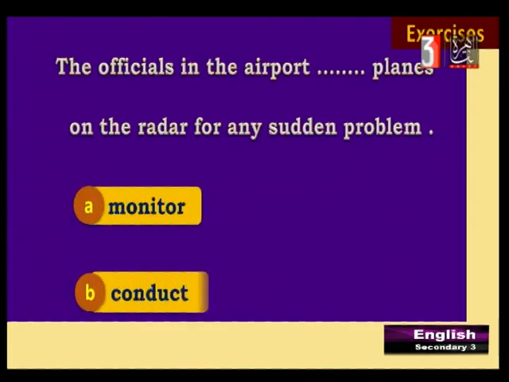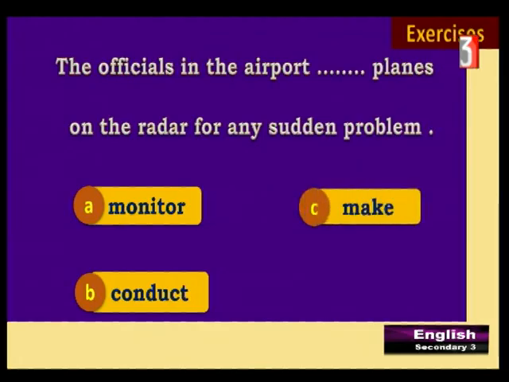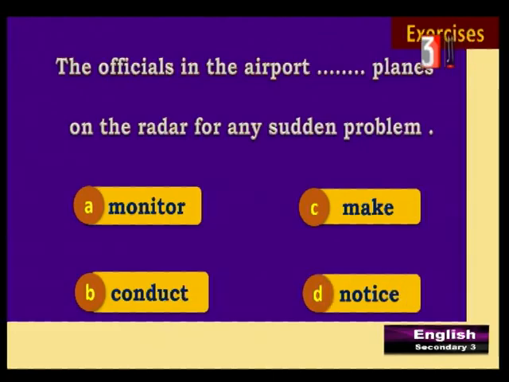Monitor. You know, when you monitor something under a microscope. Conduct, to join something. Make notice, to take a notice. So the officials in the airport monitor planes on the radar for any sudden problem. It's very good. Monitor planes.